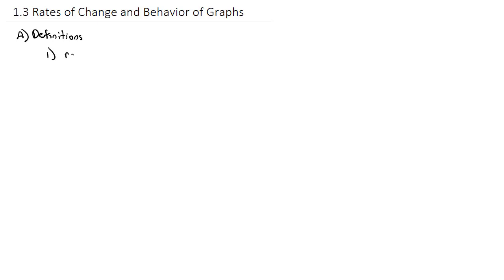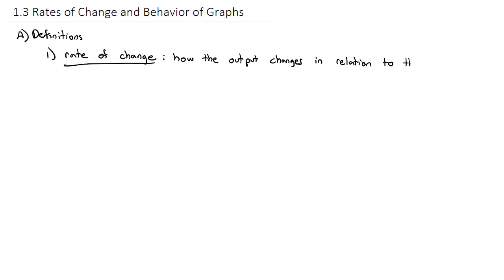First definition we're going to look at is what is a rate of change. The rate of change measures how the output changes in relation to the input.